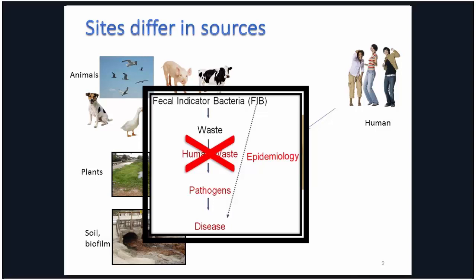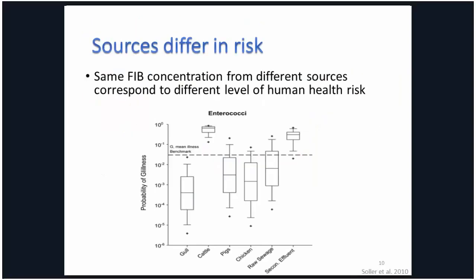Additionally, sources also differ in risk. The same FIB concentration from different sources corresponds to different levels of human health risk. As you can see from this figure, if at your site the Enterococcus mostly come from gulls, the corresponding human health risk will be significantly lower than at a site where the Enterococcus come from sewage.